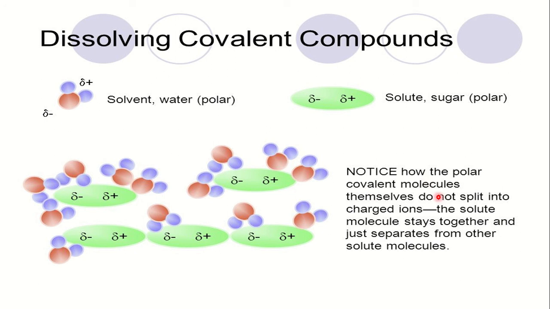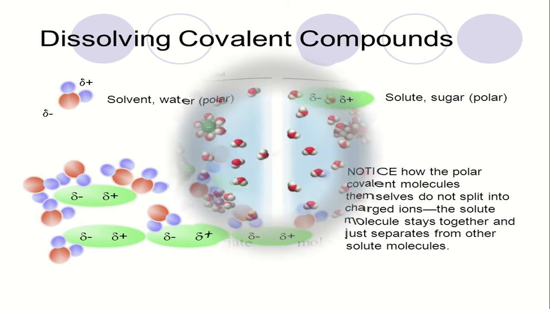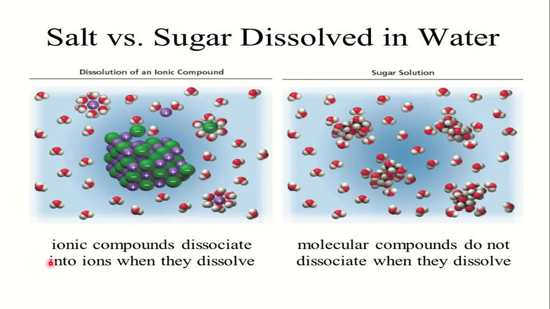Now, notice how the polar covalent molecules themselves do not split into charged ions. The solute molecules stay together and just separate from other solute molecules. Here they are not broken, so the charged ions are not separated from one another. This is the ionic compound salt, sodium chloride.